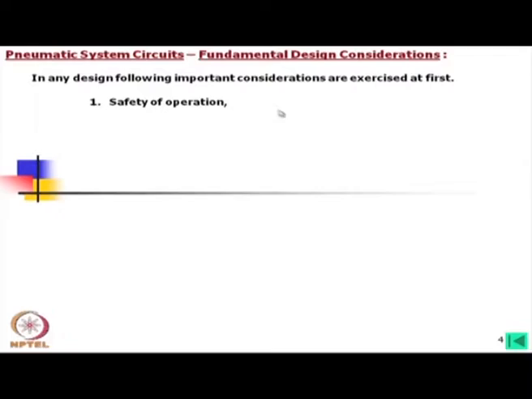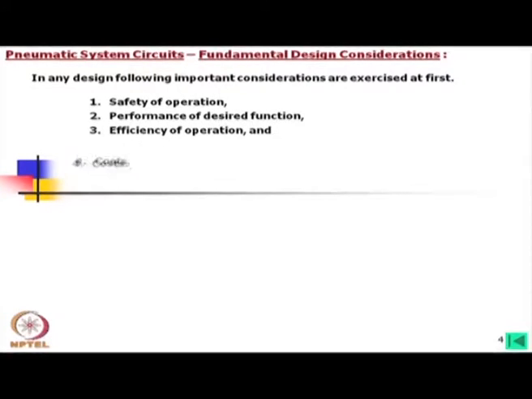Now, for designing such a circuit, first of all we should consider safety of operation. Secondly, performance of the desired function. Thirdly, efficiency of operation, and last, the cost. All together we have to think about these while designing any system.